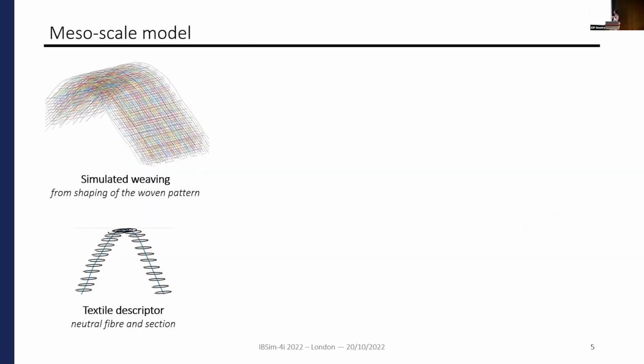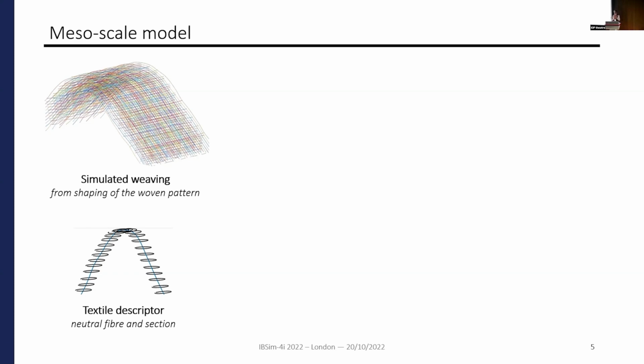And to be able to take into account this heterogeneity at the mesoscale, we wanted to model it at this scale. One of the difficulties here is that we cannot build a complete image-based model. So we mixed data from simulation and data from images, because in fact, with the quality of the image, it's difficult to segment the matrix from the tows. So we simulated the weaving process to obtain a weaving pattern inside of the sample.